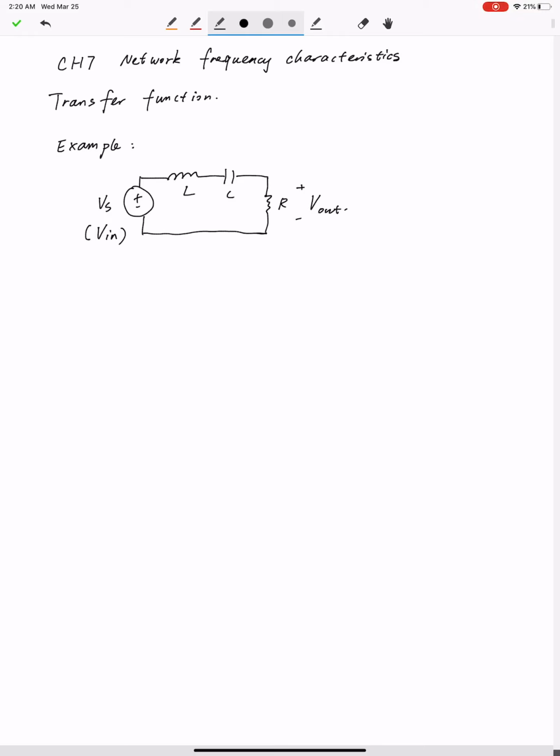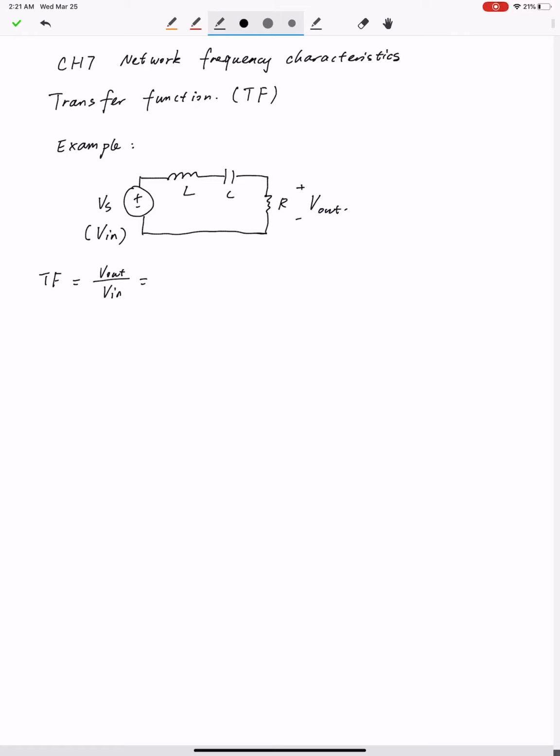So, in other words, Vout divided by Vin is the transfer function, and we use TF to represent the transfer function. So how do we find the relationship between these two variables? There's a very simple relationship, and that is the voltage division law, right?